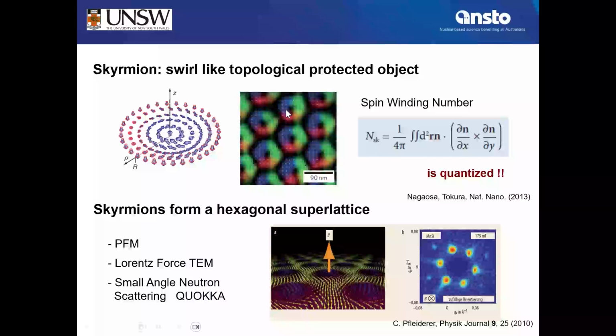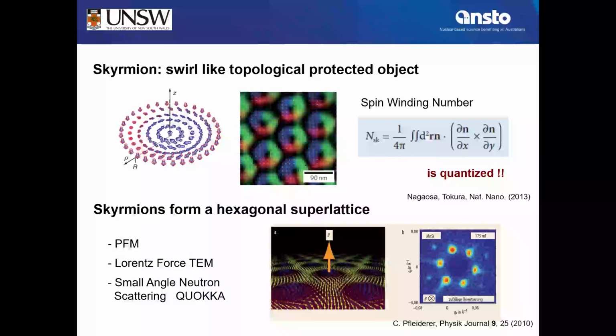If you have a hexagonal lattice and do magnetic neutron scattering, you get a hexagonal arrangement of Bragg peaks. And the first person who observed and proved that was the group of Christian Pfleiderer, 14 or 15 years ago.